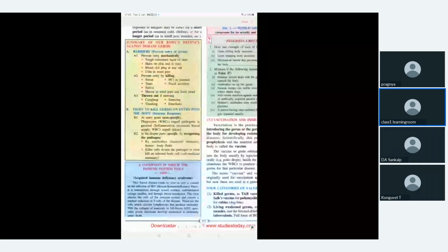So when we are encountered with the HIV virus, HIV stands for what? Human immunodeficiency virus. It kills the soldier cells in our body. Which cells are called soldier cells? Sir, white blood cells. Very good. White blood cells are called soldier cells. So they kill them.